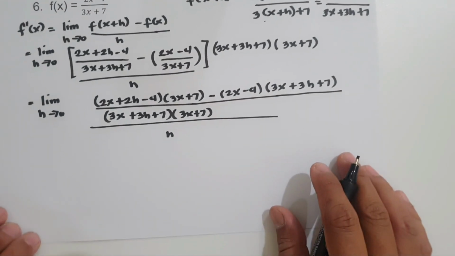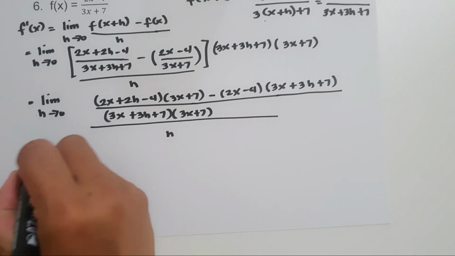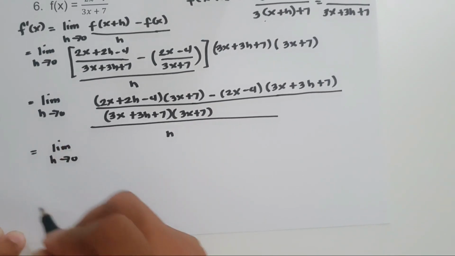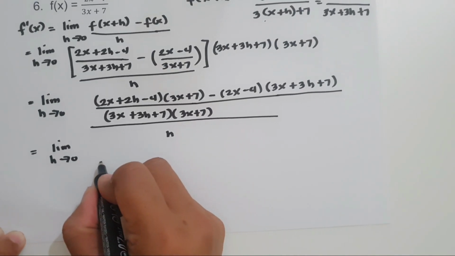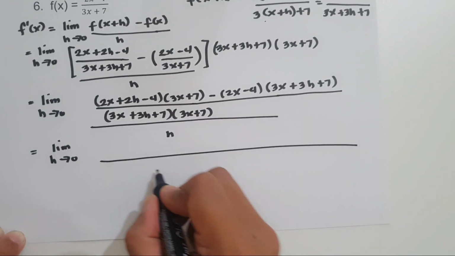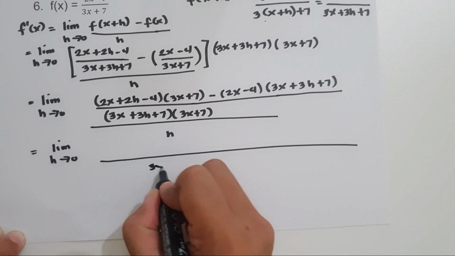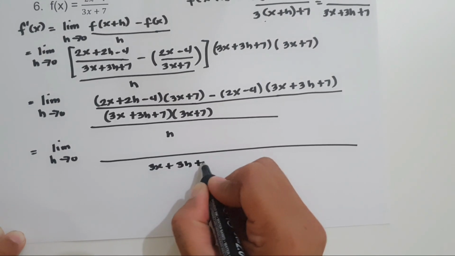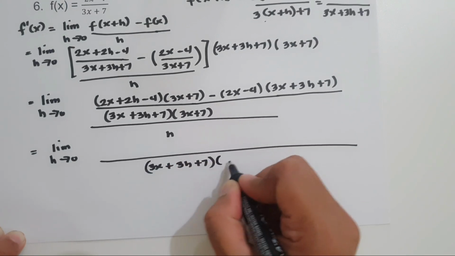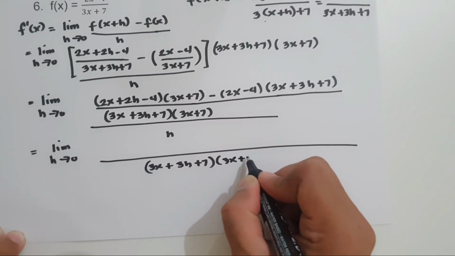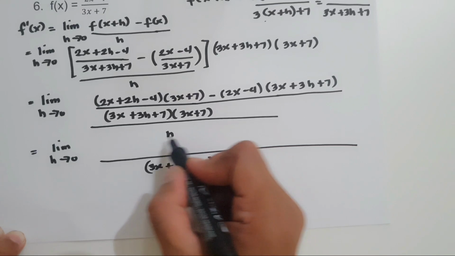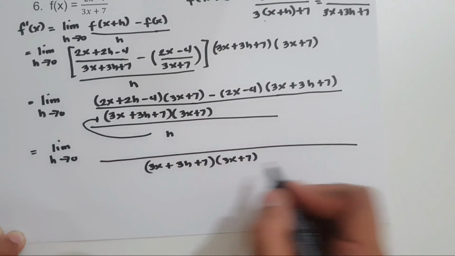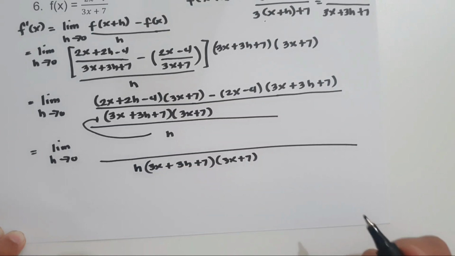So let us simplify. Let us have the limit as h approaches 0. Let me write first (3x plus 3h plus 7) times (3x plus 7). So I'm going to multiply this expression by h, so I'm going to put h here.